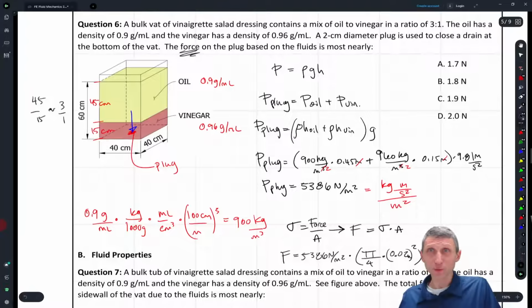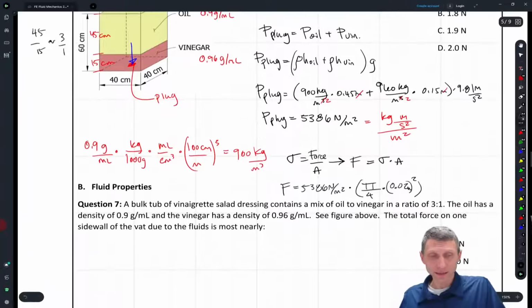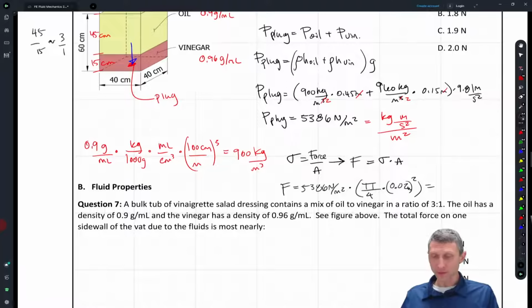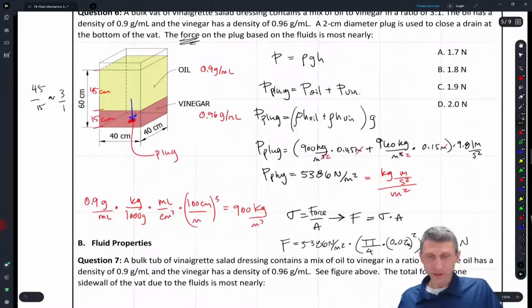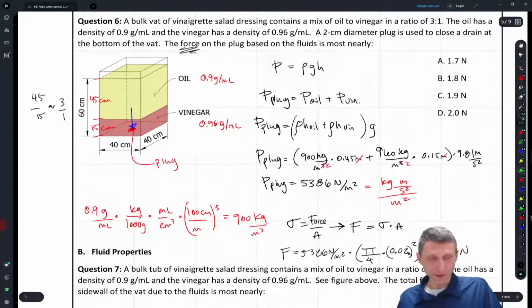And the force is not going to be a very big force. So 5386 times pi over 4 times 0.02 squared. That's a really small number, and we get about 1.7 newtons. So that should get us up here to our 1.7 newtons.